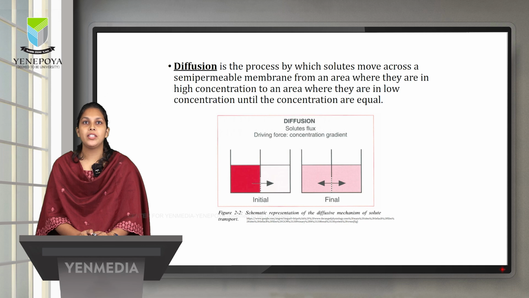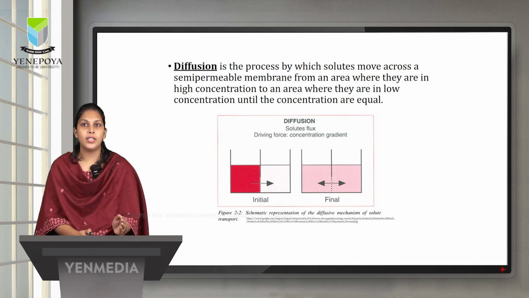Diffusion is the process by which solutes move across a semi-permeable membrane from an area where they are in high concentration to an area where they are in low concentration until the concentrations are equal. When two solutions come in contact through a semi-permeable membrane, each solution has a different concentration.